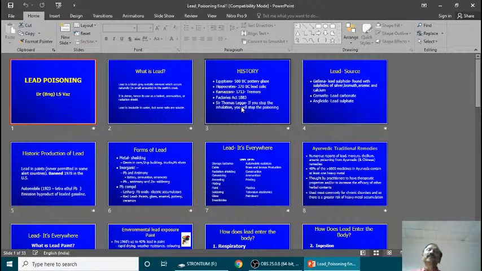You should be able to write a short note on lead poisoning, or you get a question on lead poisoning, and then a question which says write in detail about prevention of occupational health diseases. So we will talk about that if it has not been covered, but otherwise I hope the matter has been conveyed to you and you will be able to write well on lead poisoning.